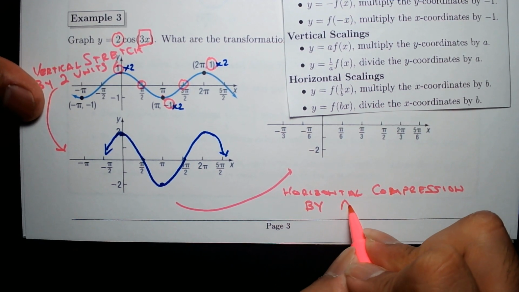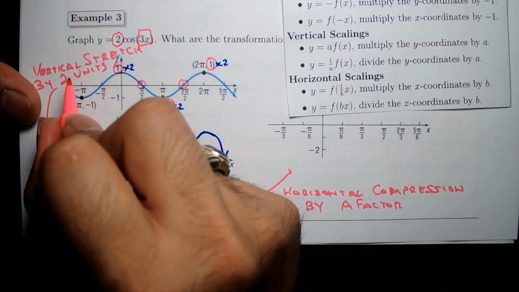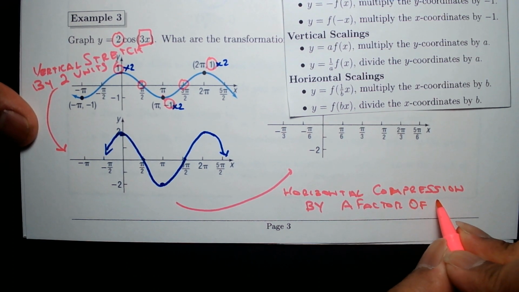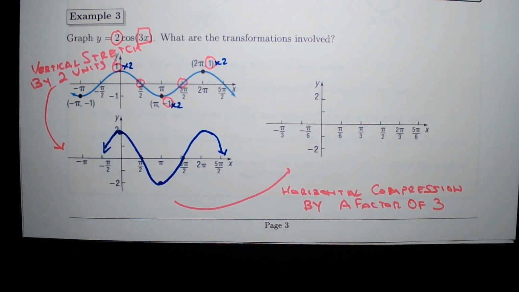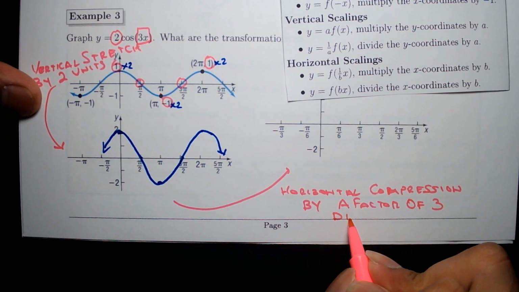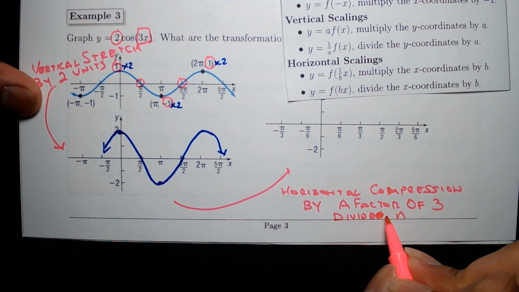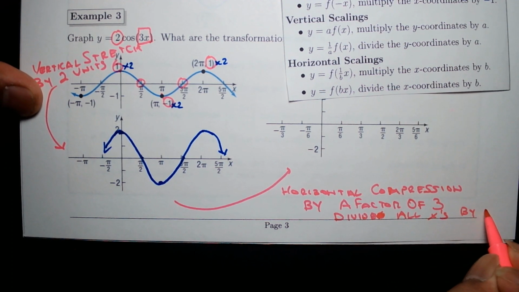by a factor. Over here I should have said a factor as well, by a factor of 3. All right. So all these points, what we need to do is divide all x's by 3.